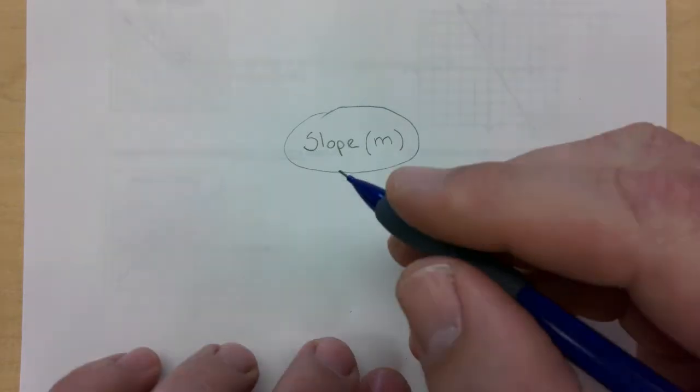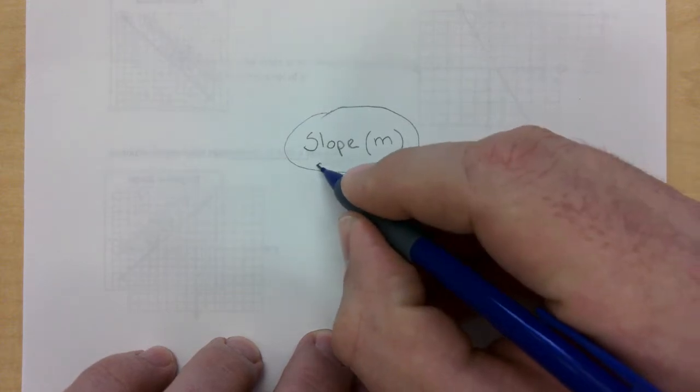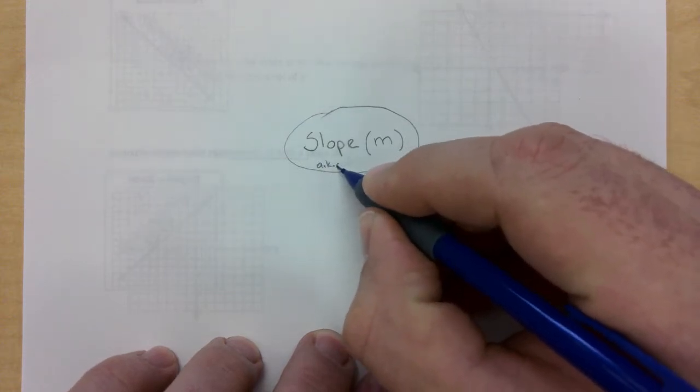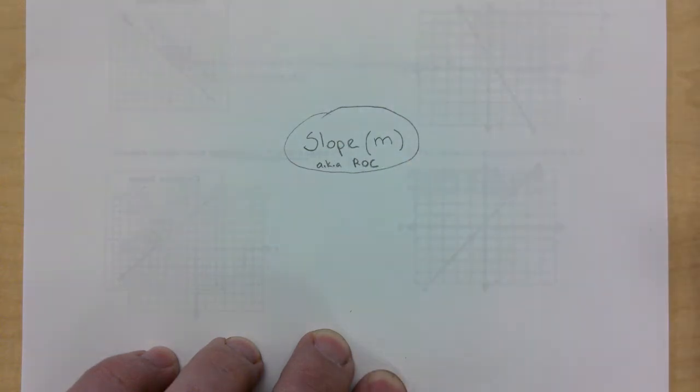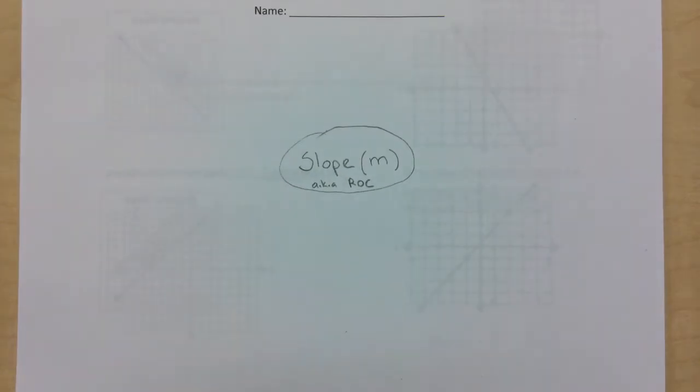It is also known as the rate of change, except rate of change is used more for word problems when there's a context around it. Slope is just linear graphs. We're just talking about linear graphs and slope, even though we are going to add some context to it as well.